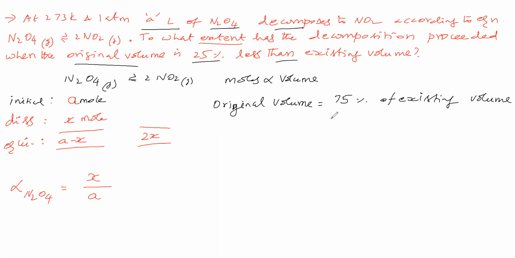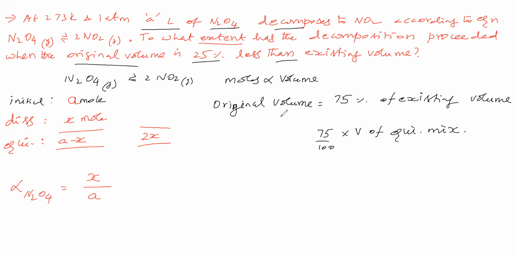What is original volume and what is existing volume? First, existing volume: equilibrium is existing. Therefore, existing volume means the volume of the equilibrium mixture, multiplied by 75%.